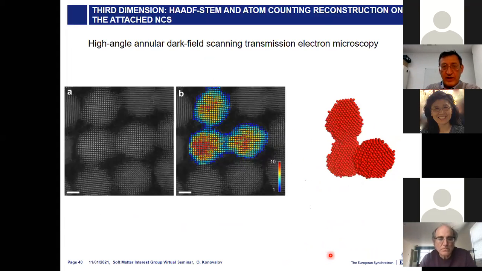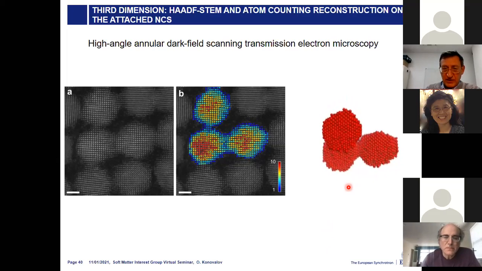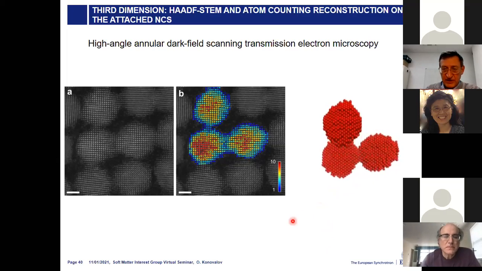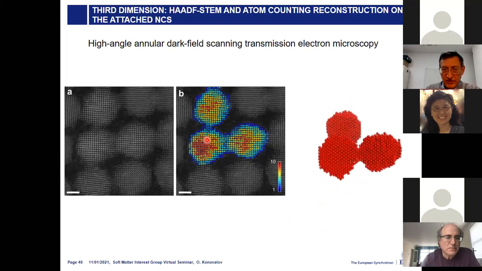And when we take this sample after the growth and put it in the high angle annular dark field scanning microscope, we can reconstruct the 3D image of our grown system, and you see that this really confirms that there is necking, so there are atoms between the nanocrystals which make a necking link between them.